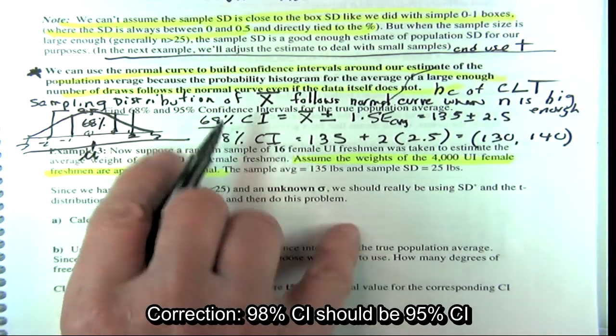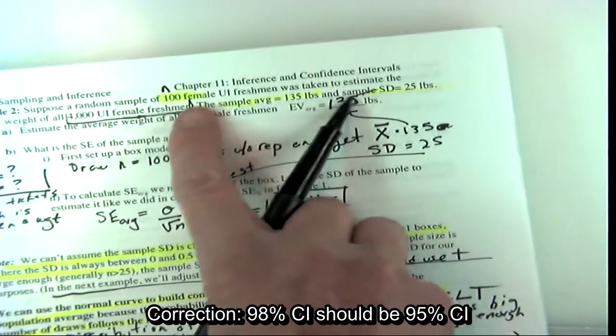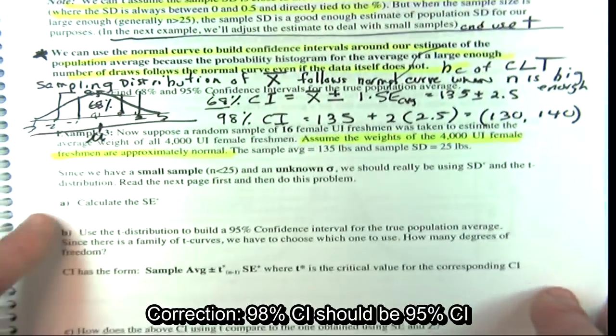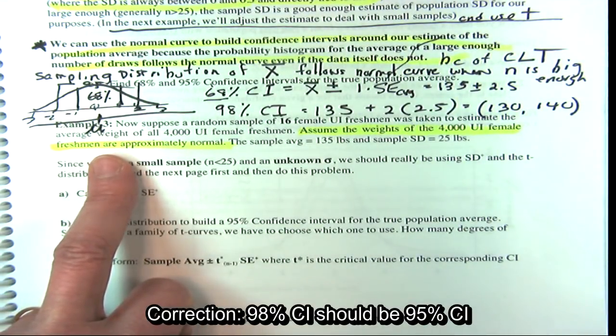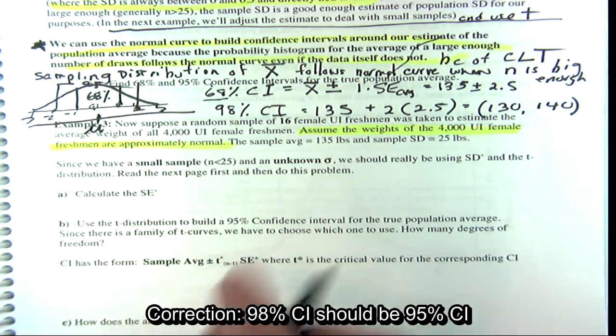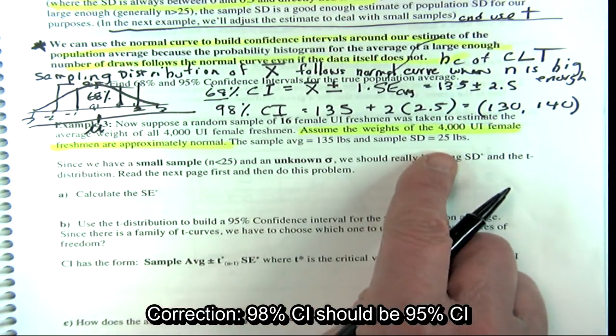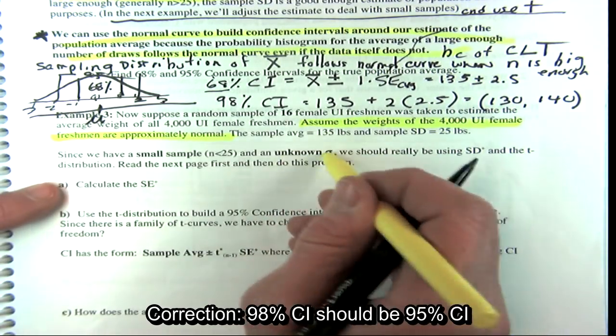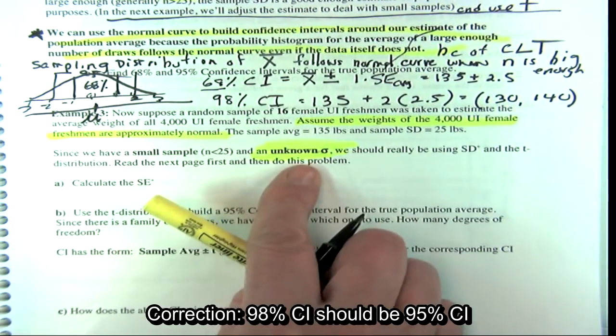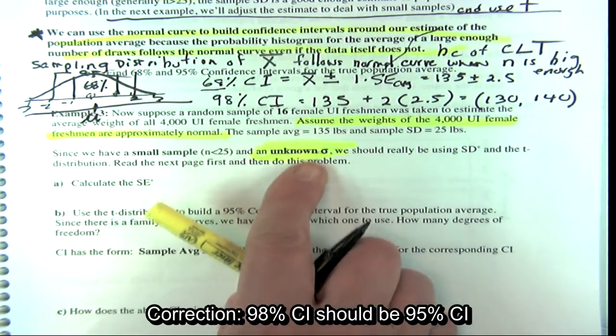All right, here we had a sample of 100. So now we're going to assume that it's approximately normal. And let's just assume we have the same x bar and the same sample SD. So now we have this. This is really what's hanging us up. If we knew sigma and it was normal, we'd be done.